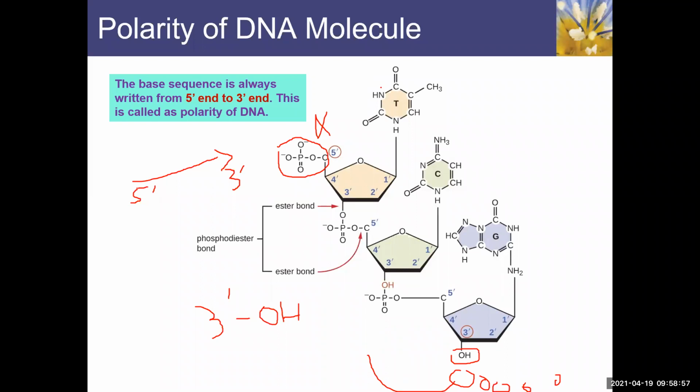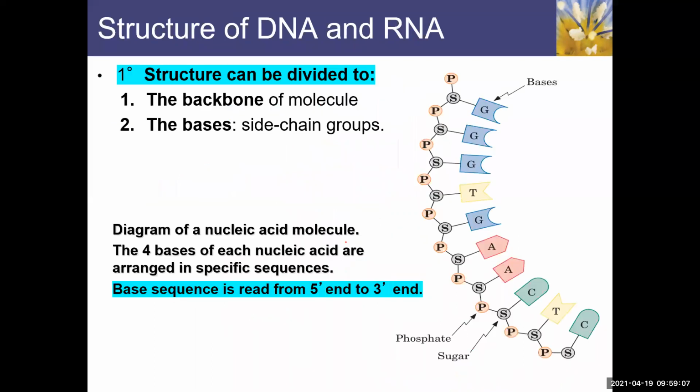And then of course the bonds, the phosphodiester bonds over here, isn't it? The bonds over here. Okay, and then we were discussing the primary structure. We can divide the primary structure into two parts: the backbone and the bases. Backbone is what? Your phosphate and the sugar.